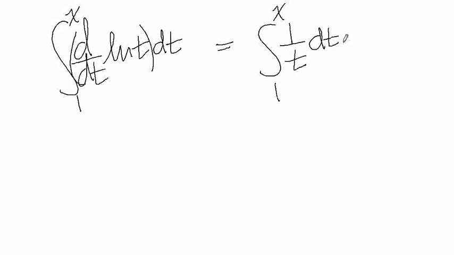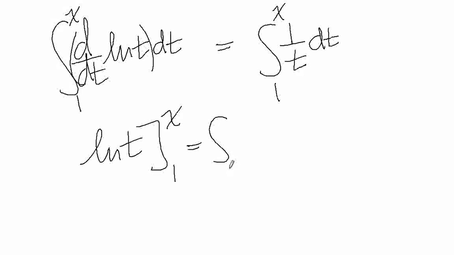The left side integral can be found using the fundamental theorem of calculus. So the antiderivative of the derivative of the natural log of t is the natural log of t. So we're going to evaluate that at x and 1 and find the difference. And that's equal to the integral from 1 to x of dt over t.